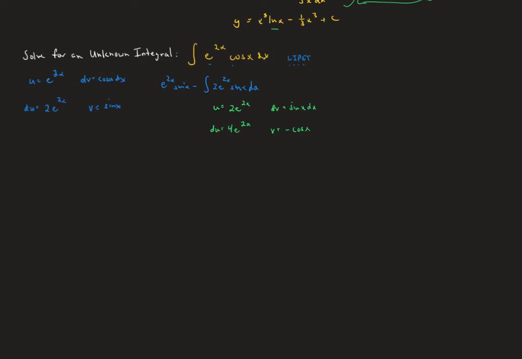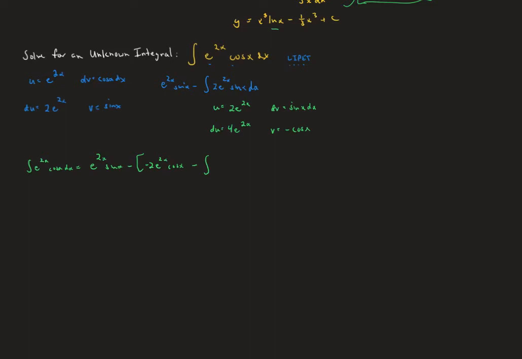So far, we have our original, that integral of e to the 2x cosine of x dx, was equal to our first uv, which was e to the 2x sine x. And then we have minus, and now we've got a uv. So minus our uv, which is negative 2e to the 2x cosine x, minus the integral of v du.